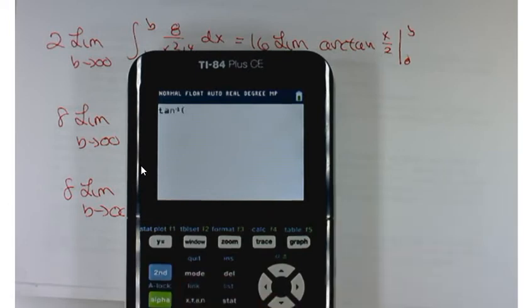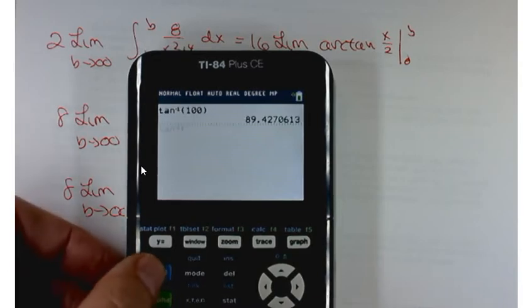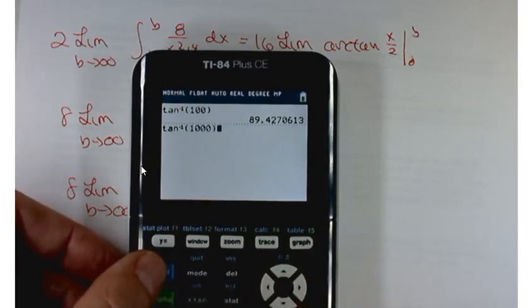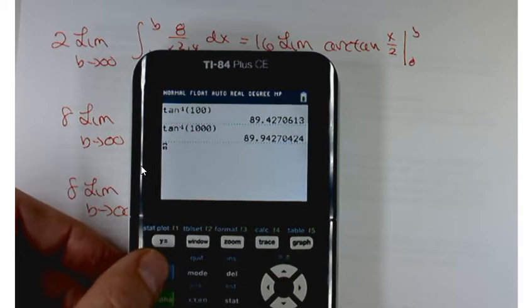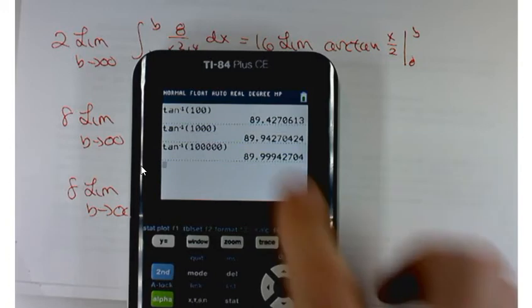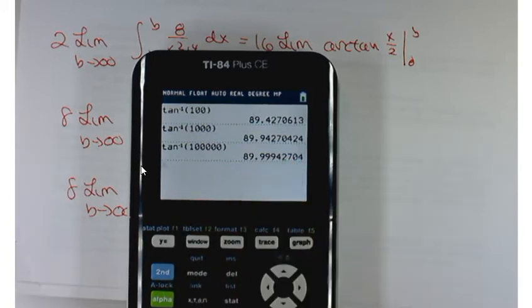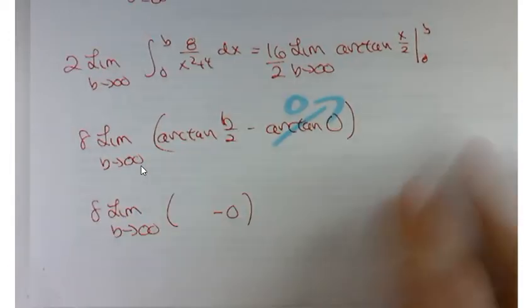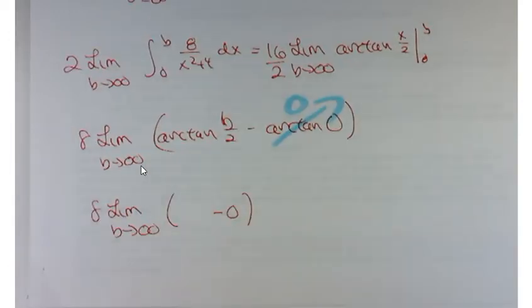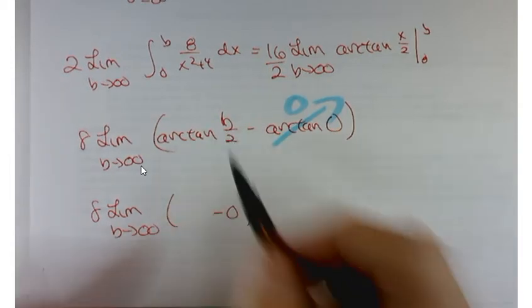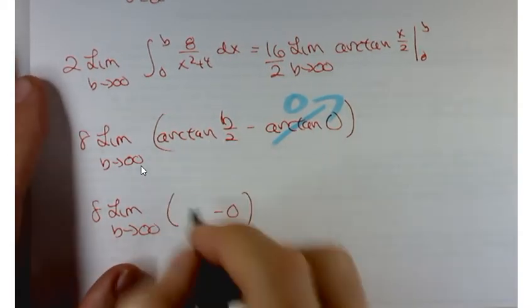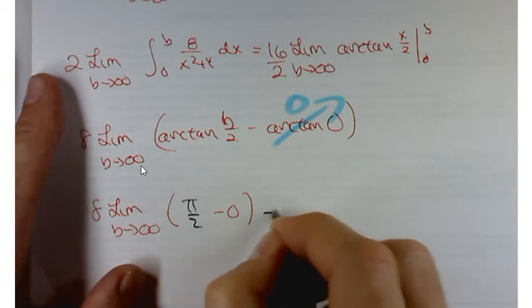So arctan of 100, and then arctan of 1000. Yeah, there you go. So you're getting ever closer to 90 degrees. And at 90 degrees, the tangent function has a vertical asymptote. So interestingly enough here, the arctangent of infinity is really pi over 2.